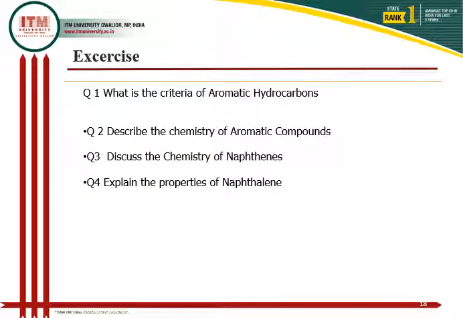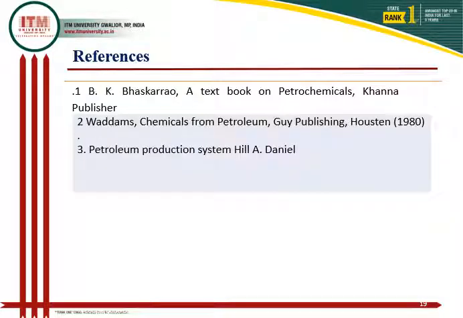So here is a small exercise for you all. As you have learned the aromatic hydrocarbons, the criteria, the reactivity, and the naphthalene properties, do the questions. These are the references for this topic.